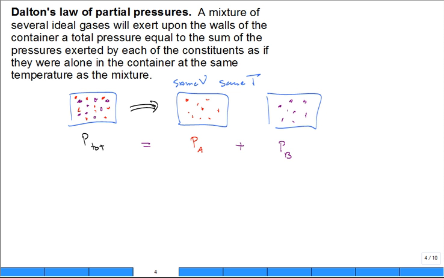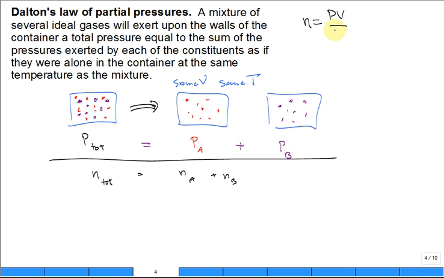more systematically. If I had the total number of moles, that's equal to the number of moles of A plus the number of moles of B. That makes sense, true? And then if I use the ideal gas equation, N is equal to PV divided by R bar T. Is that true?